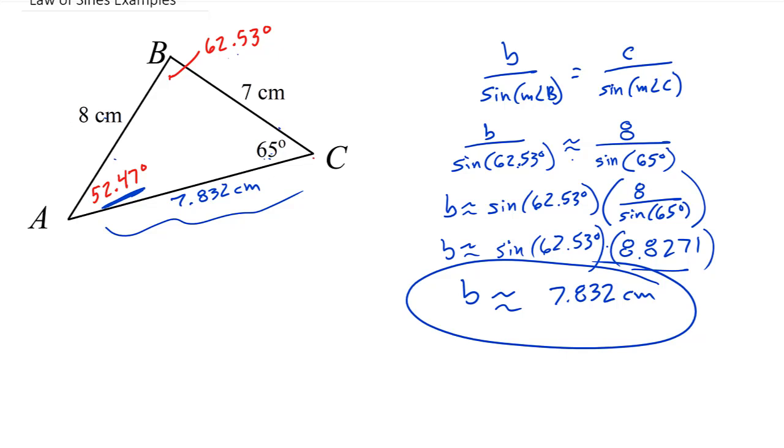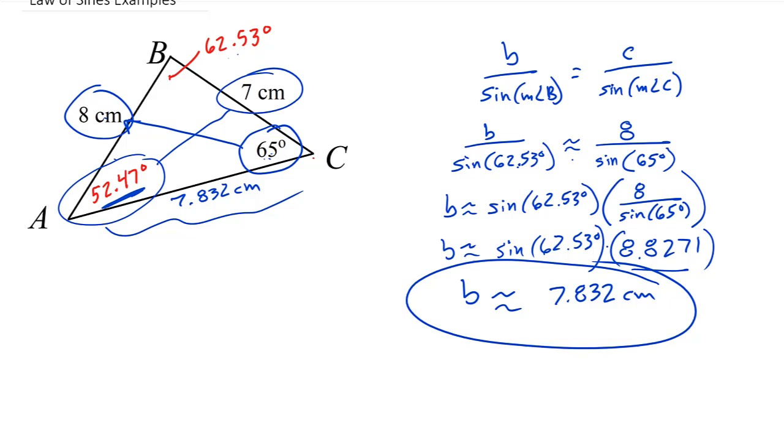So the largest angle is 65 degrees. The side length across from that, 8 centimeters, is the longest of the three side lengths. 52.47 degrees is the smallest of our angle measures, and 7 centimeters is the smallest of our side lengths. So it checks out. This is always a good check to make sure you didn't do anything wrong. If this comes out right, it's a good indication that you probably have the correct values.